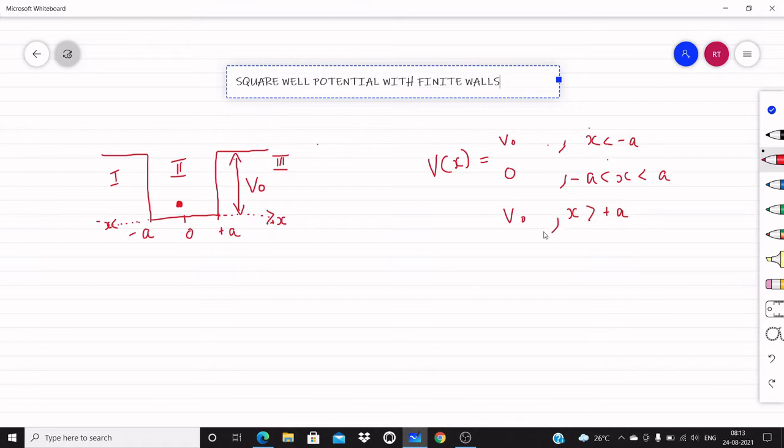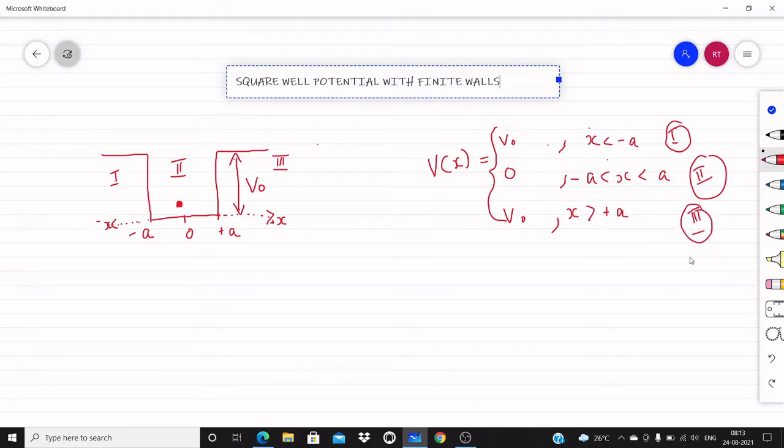So this is the case of variation of potential in 3 different regions. This is region 1, this is region 2, and this is region 3.